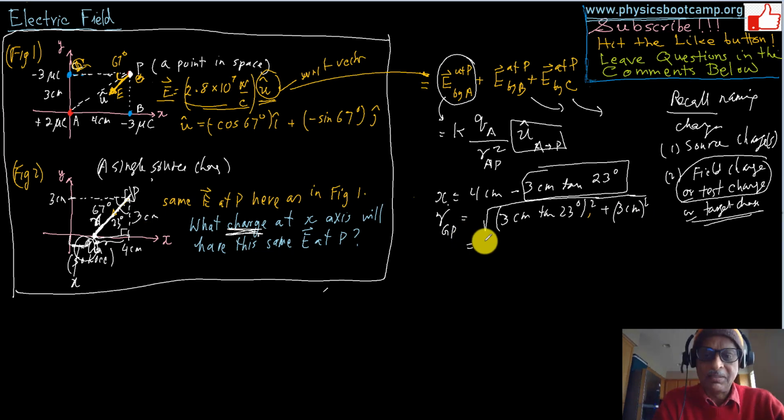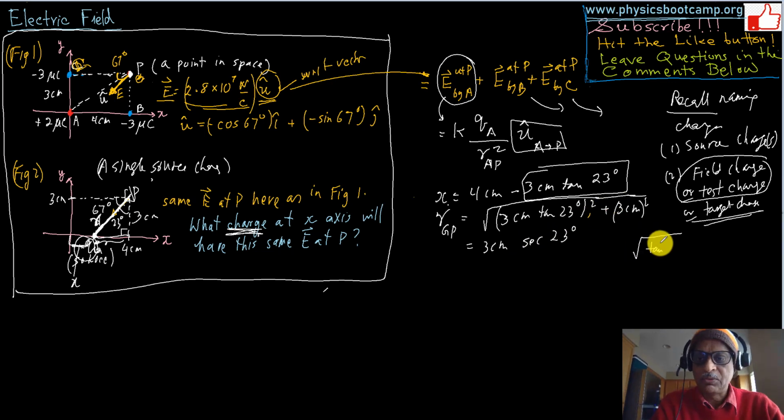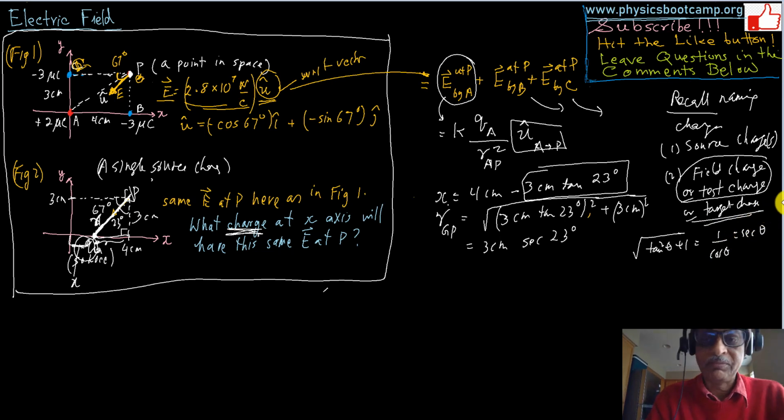And you can say this is 3 centimeter, and the whole thing will be secant 23 degrees. It's going to be square root of tangent square theta plus 1. That's going to be 1 over cosine theta, which is secant theta from here. Okay, so we got this guy, we got this guy.